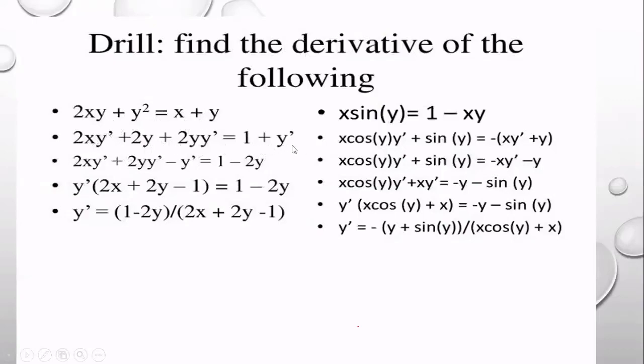You will take out y dash and tell me the answer. Okay, like this. This is the answer. So this is the one. Copy it. This is also one sort of explicit differentiation. Copy it and I will finish it today. I will continue this in the next class.